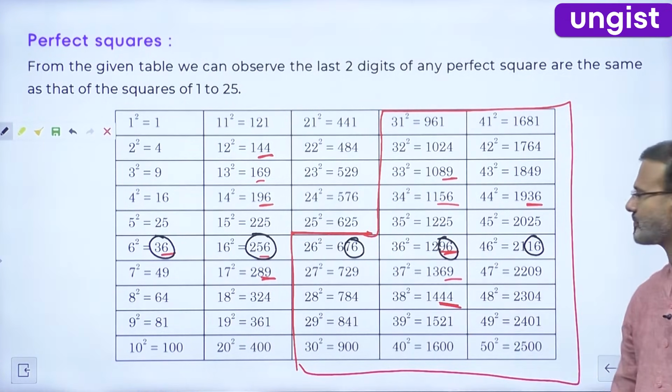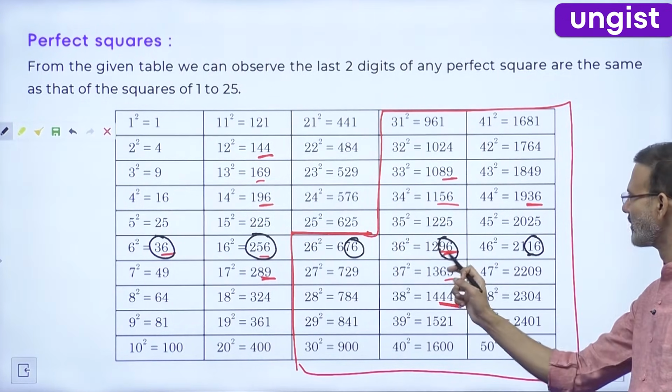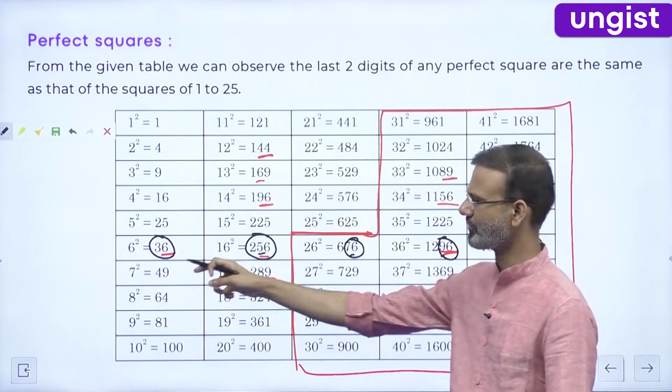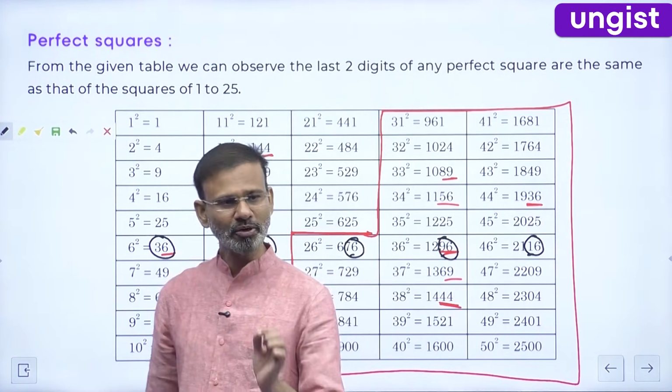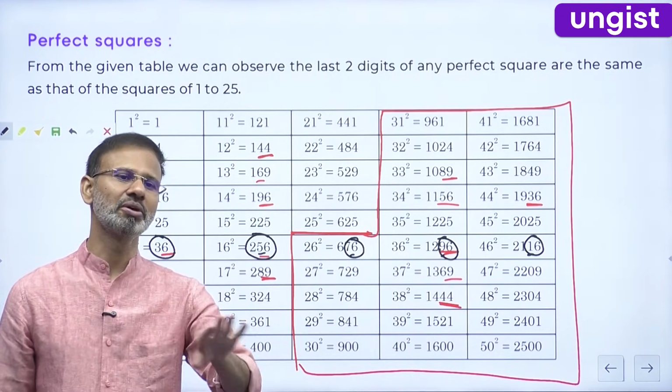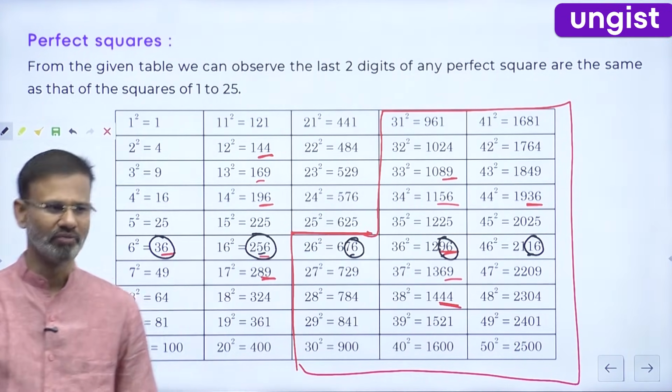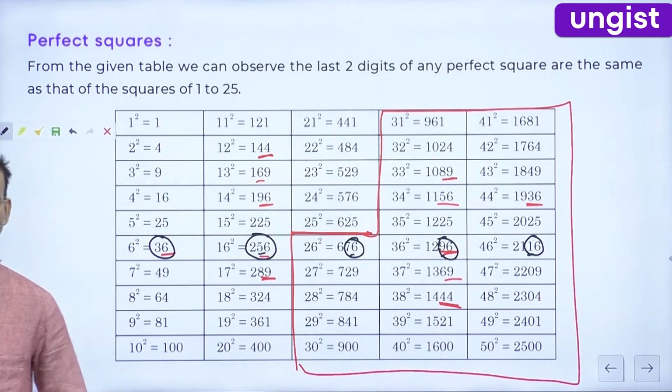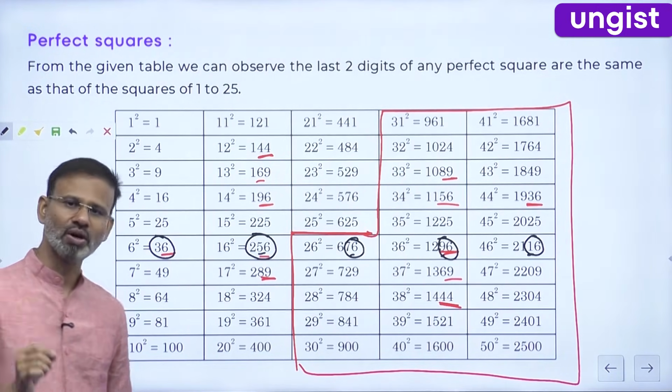Just observe: 1, 9, 7, 5, 3. If a perfect square number is ending with 6, then the tens place digit will always be odd.